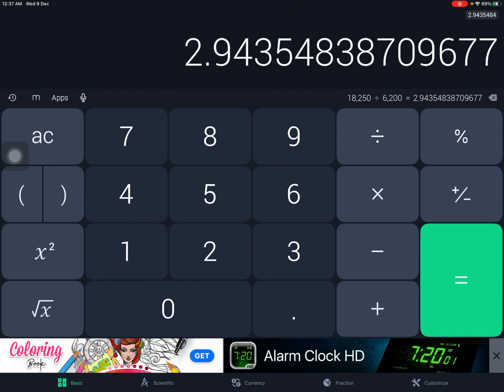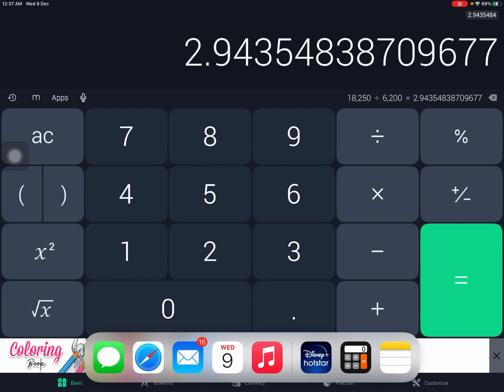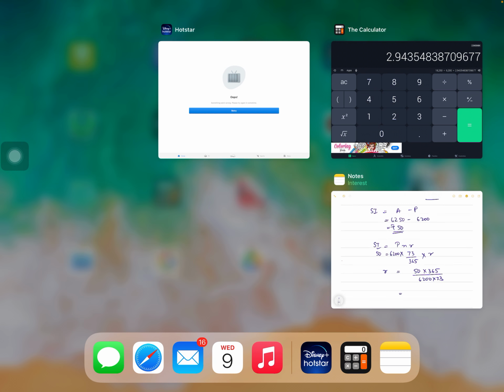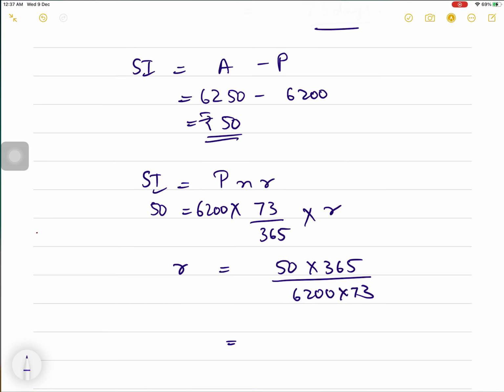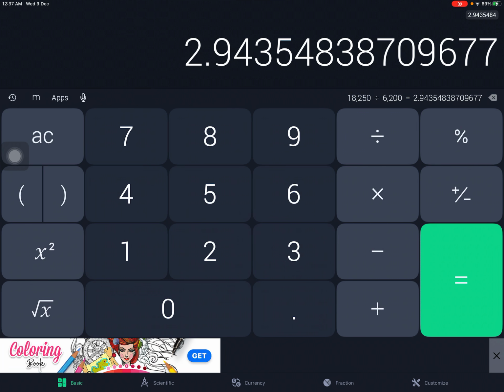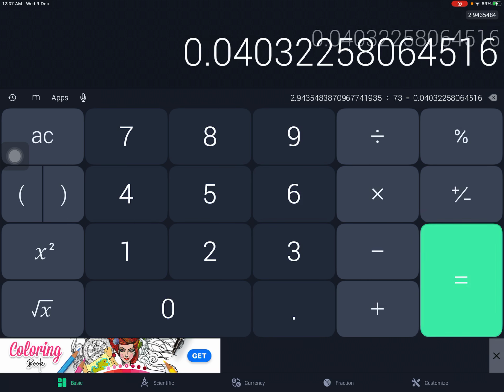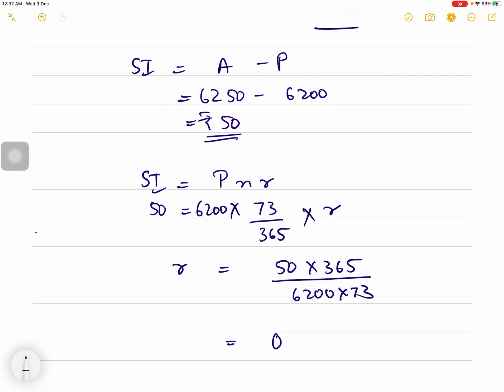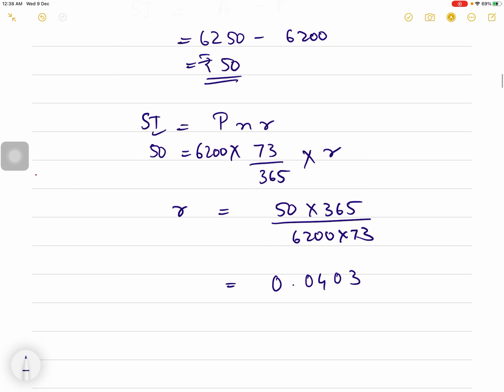Divide by 6,200, divide by 73. So it comes to 0.0403, or 4.03%.